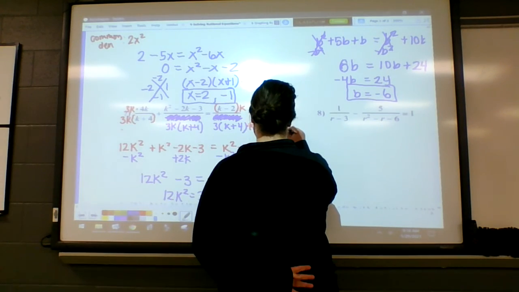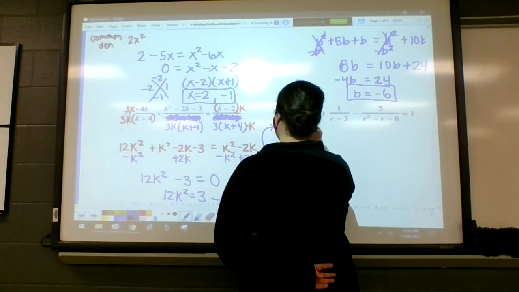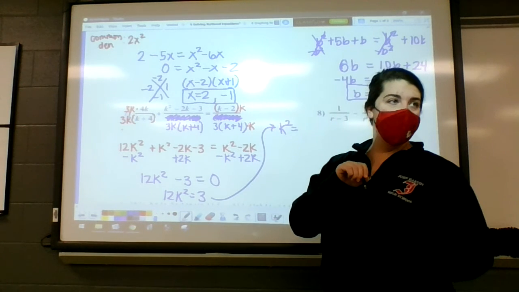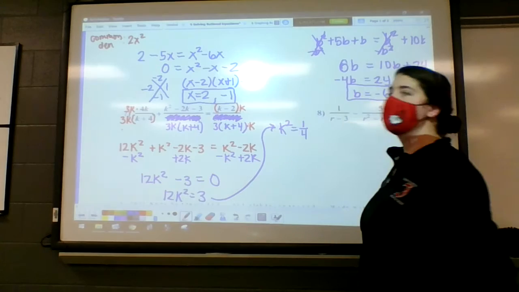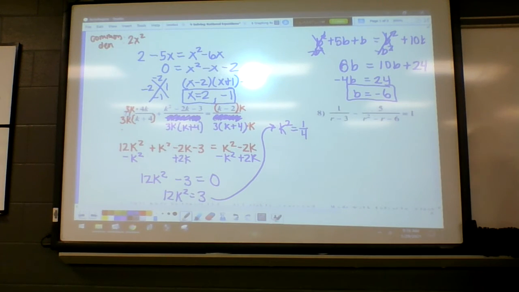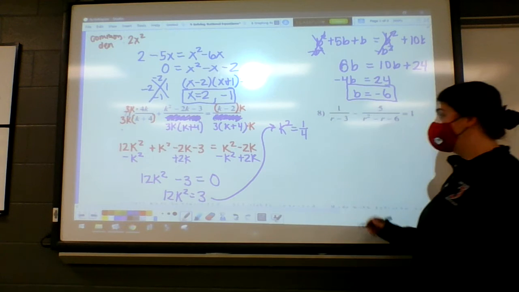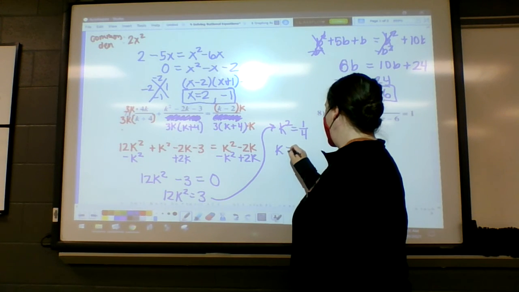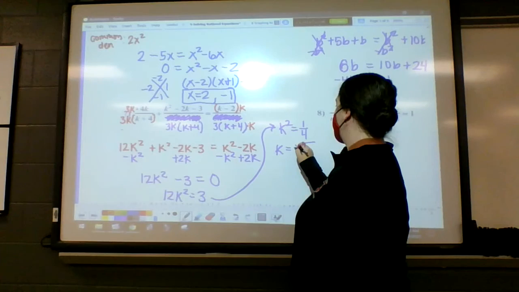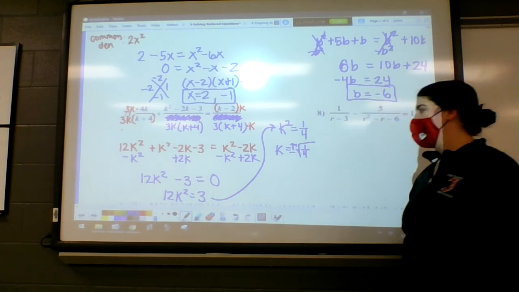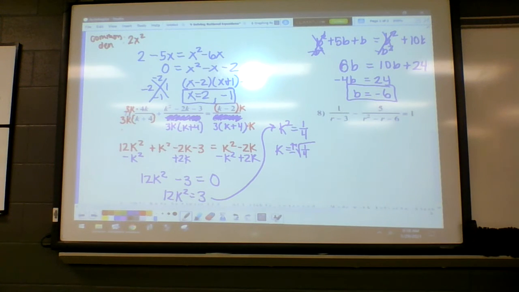So we'd have k squared equals 3 over 12, which simplifies, right? 1/4, okay? Don't you have to square root to get k? And now you can take the square root. So k equals, don't forget, whenever you take a square root, what do you include? Plus or minus.